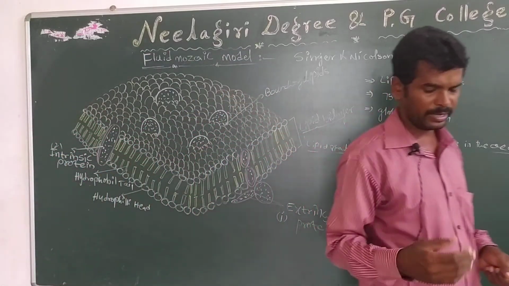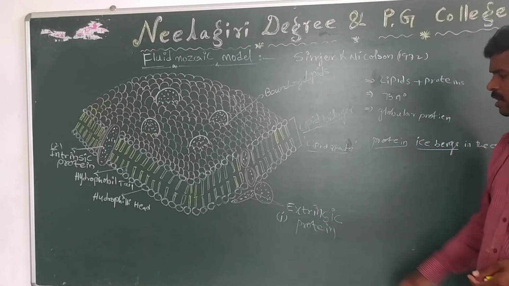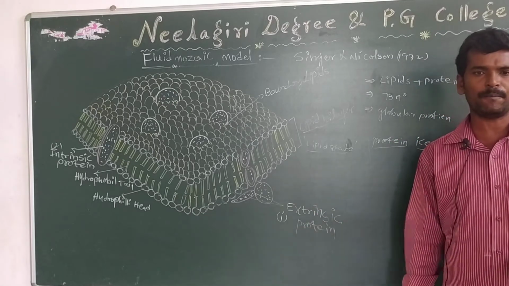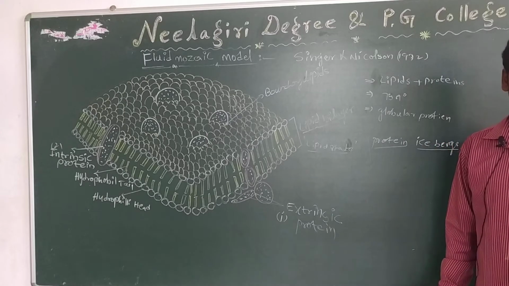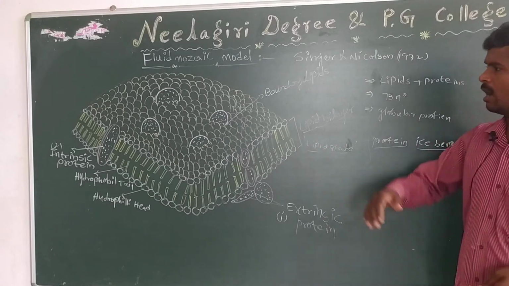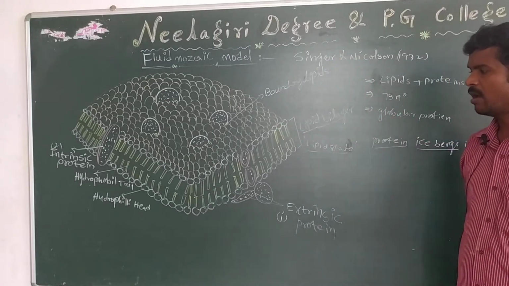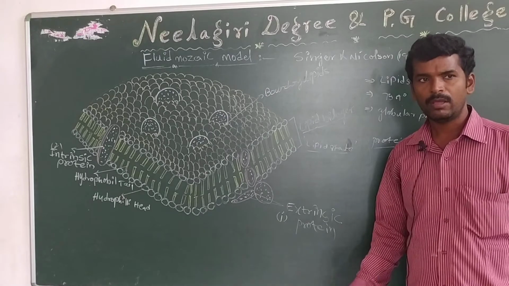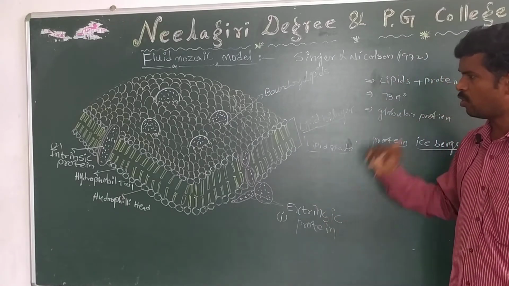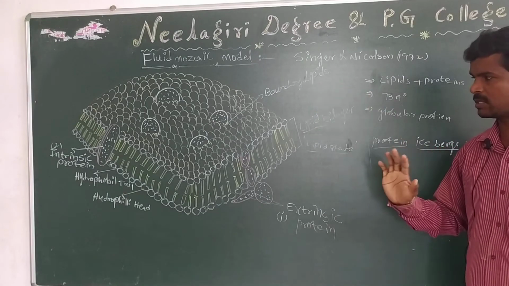Both are globular proteins, but the arrangement differs. In the sandwich model and unit membrane model, the proteins are on either side of the lipids, outer side and inner side, or upper side and lower side. But in the fluid mosaic model, the protein arrangement differs from the other models.